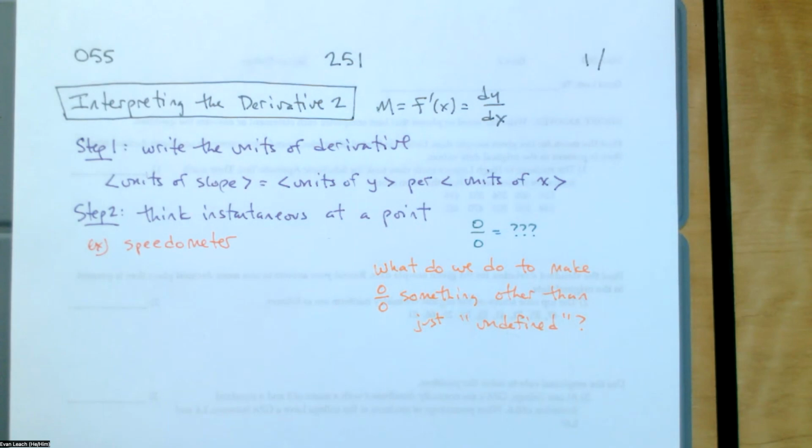This is kind of the calculus question. This is the calculus way. I want 0 over 0 to be something more than just undefined. Undefined bails on the problem, not acceptable.